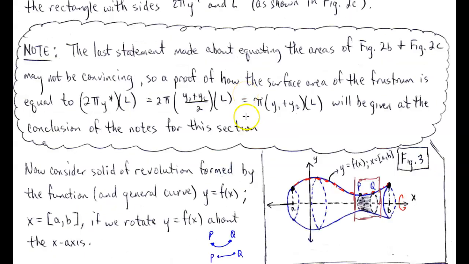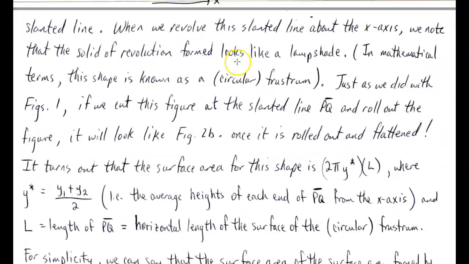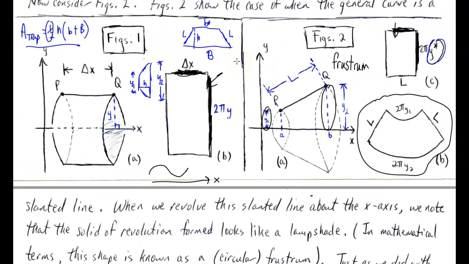Okay, so here is the formula that I was talking about. And remember how, and I'm going to go back some more to the circular frustum, we took it, we broke it out, and said it pretty much looks like a trapezoid.